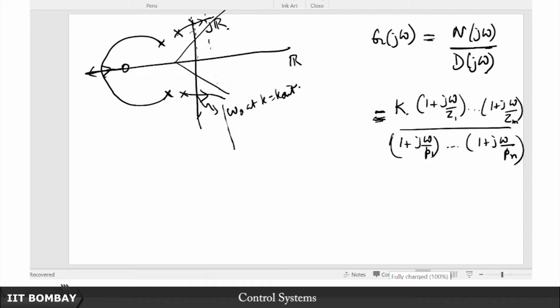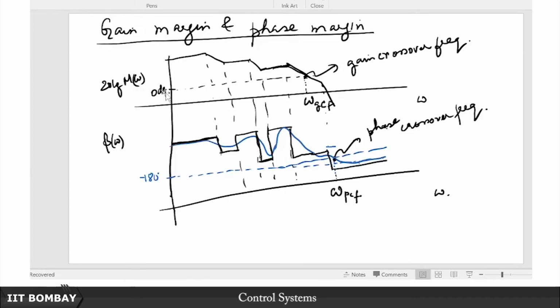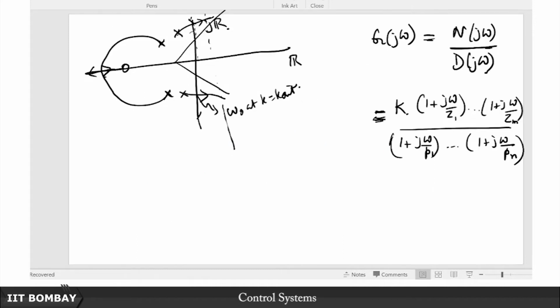Having put it in this form, what are we going to try and observe here? We are going to observe what the phase margin and gain margin are actually equivalent to. Whenever we want to say if this system is closed loop stable, or what the closed loop poles are, we have to equate 1 plus g of j omega to 0.